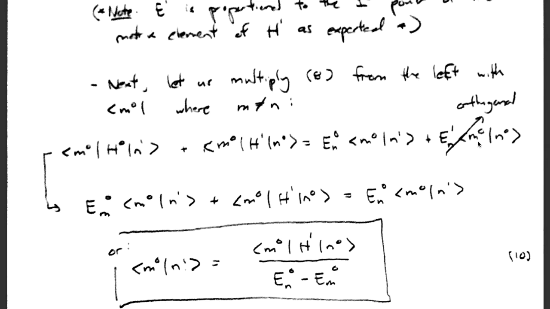And by definition, we said that they were orthogonal, so this term is going to drop out, okay? And so what do I have here? So I've evaluated the 0th order Hamiltonian, right? So I get M0 on N1, which we don't know, okay? We don't know what N1 is, so that's what we're after.